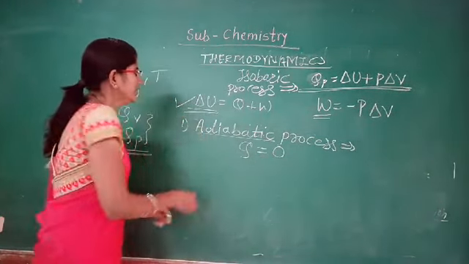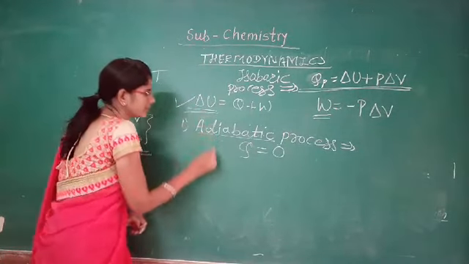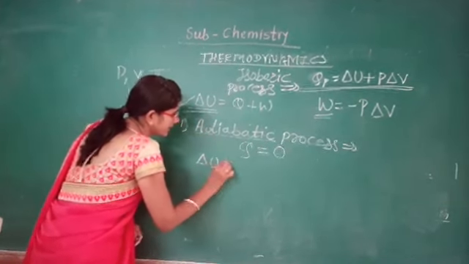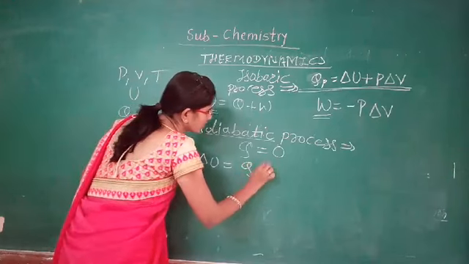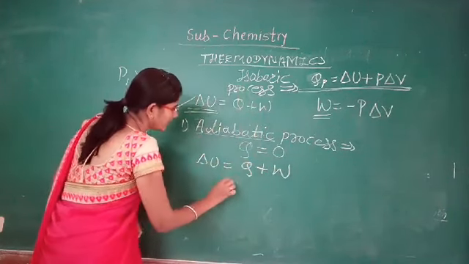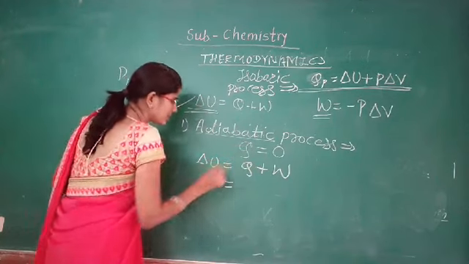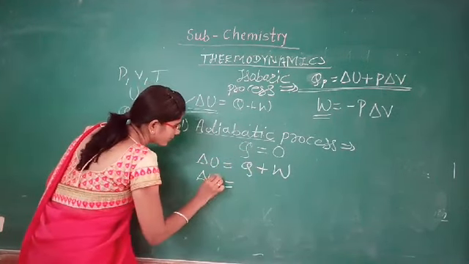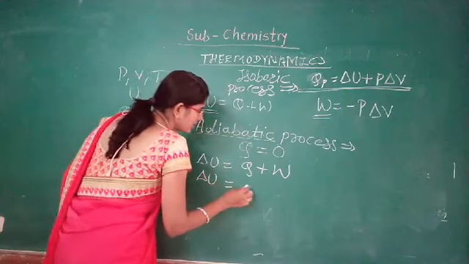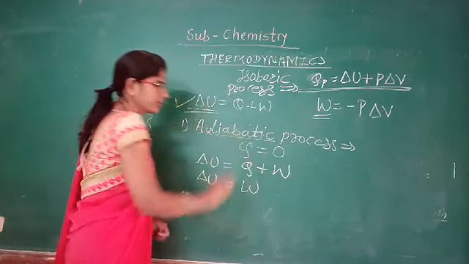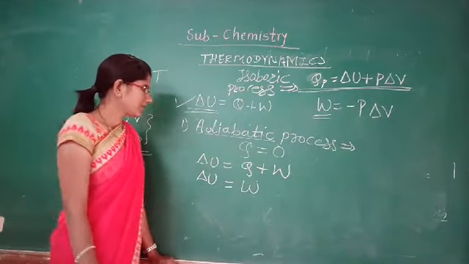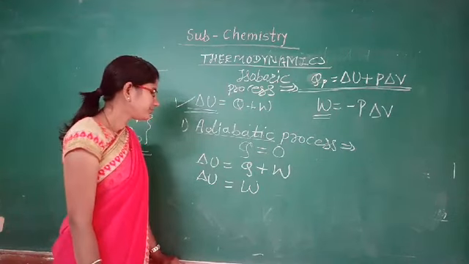And therefore the first law of thermodynamics, delta U equal to Q plus W, becomes, for the adiabatic process with Q equal to 0, delta U equal to W.